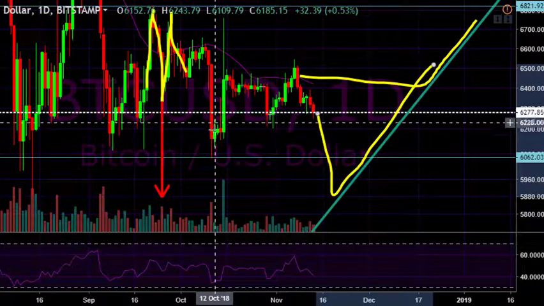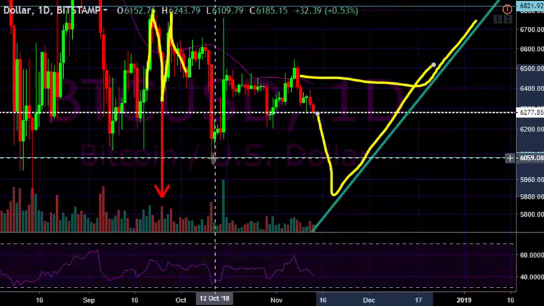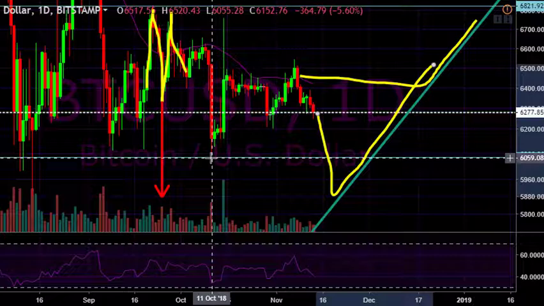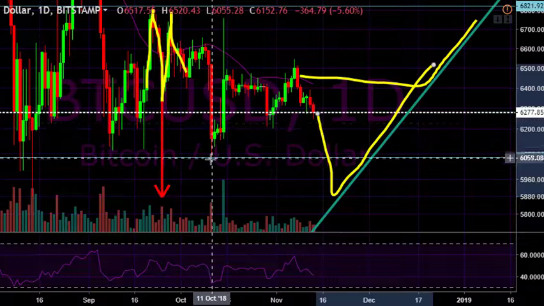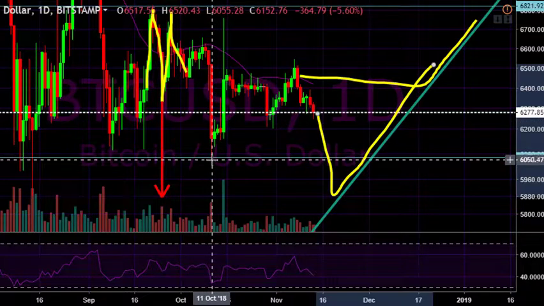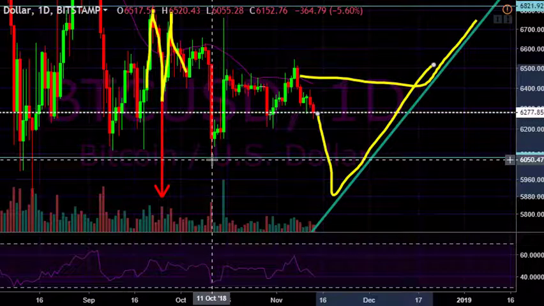It could be that this big dip that we did see was an attempt to reach the line, and in fact with these Adam and Adam patterns, the chance of reaching the price target is 45%, so maybe this attempt was the 45% towards reaching that target.